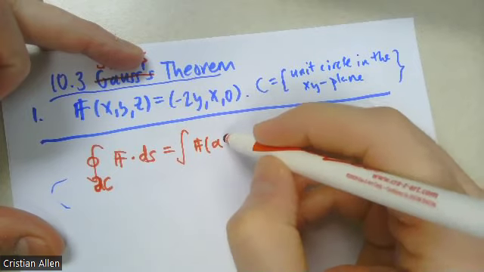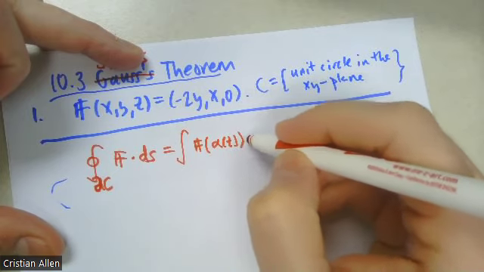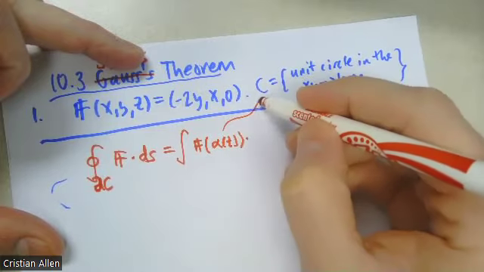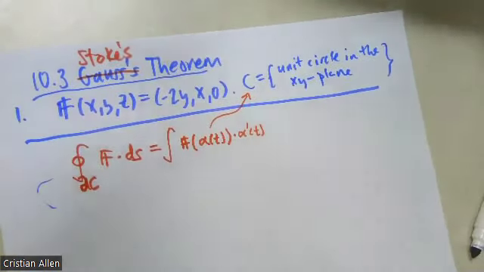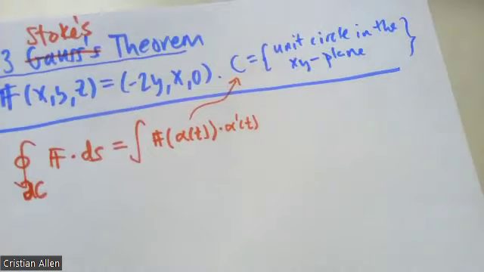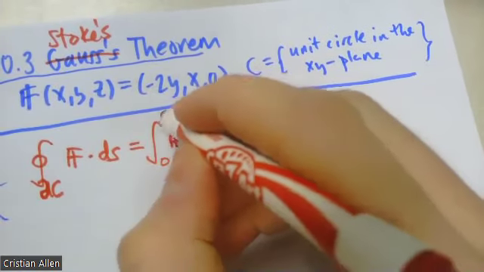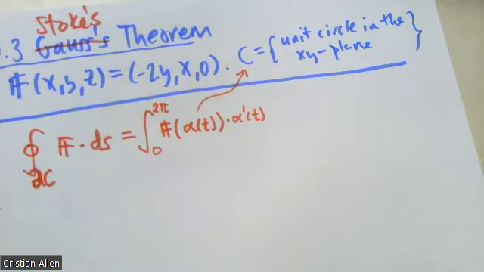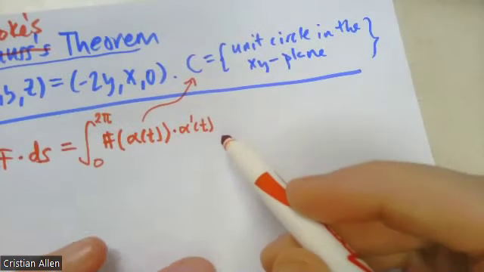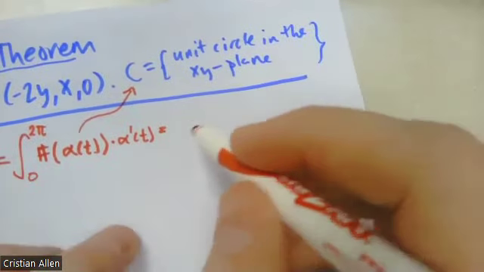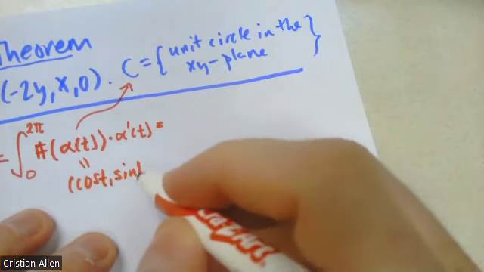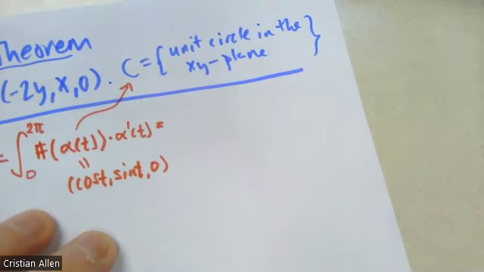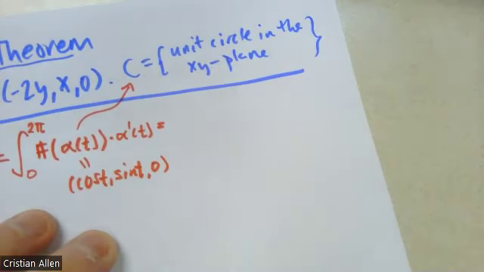The way this works is you need an alpha parametrization that parametrizes that C. We know that this is going to be 0 to 2 pi because this is one of the most fundamental parametrizations in the class. So the parametrization is cosine, sine, and because it's in R3, we're going to throw a 0 in there for the z coordinate.